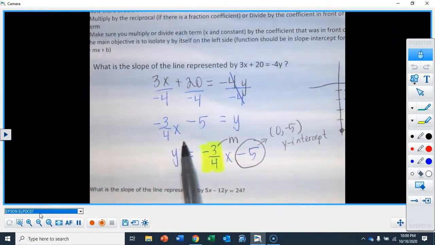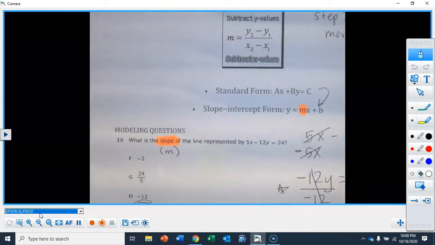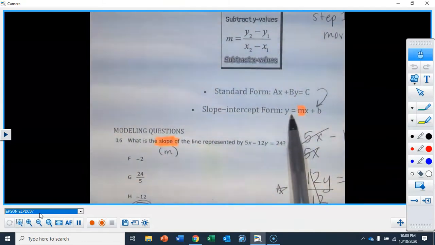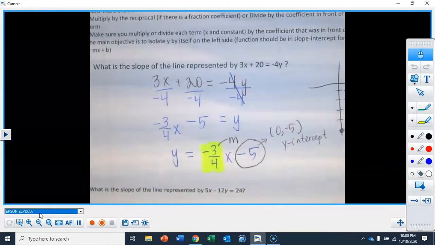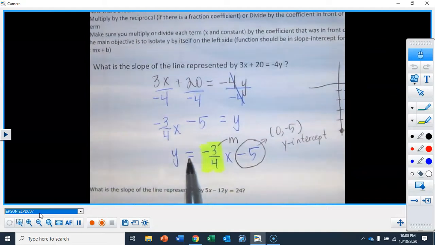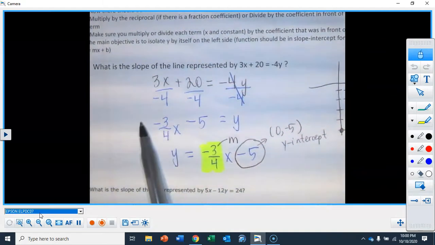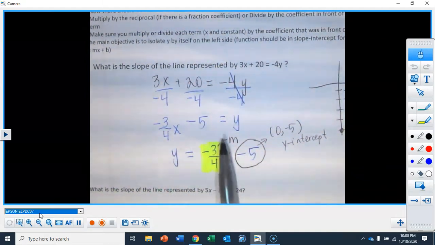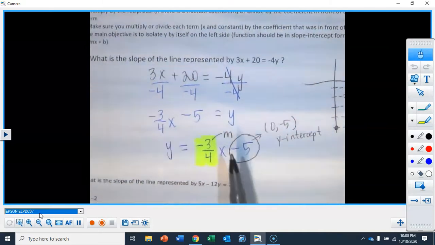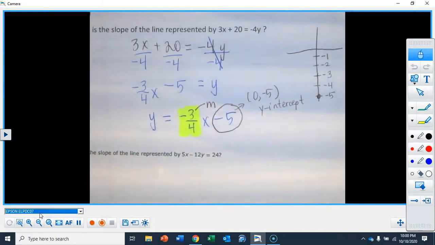Okay, and then because I'm used to it being where the y, you guys, should be on the what? On the left side, and then the equal sign, and this should be on the right side. So all I did very carefully is I just said, put y on the left, put my equal sign. I know that the mx needs to be in front of my constant, the b, so I just wrote it in front. And now that I have it in this form, look what I know.